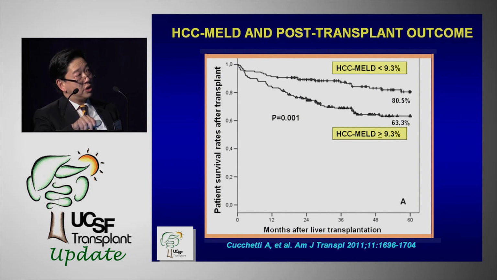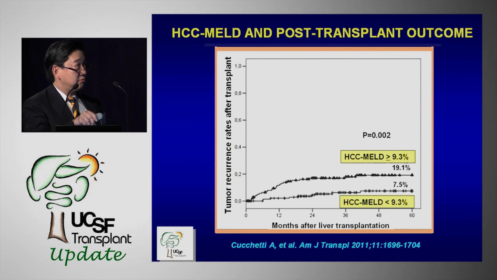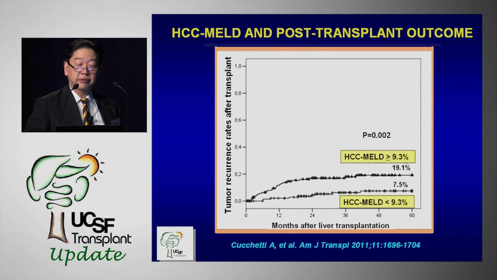If you look at the outcome following liver transplant for patients who were predicted to have a high risk of dropout based on the MELD HCC equation, the survival after liver transplantation is significantly worse than those who were predicted to have a lower risk of dropout. And the same observation holds for the incidence of tumor recurrence. Those predicted to have a high risk of dropout have a higher rate of tumor recurrence.